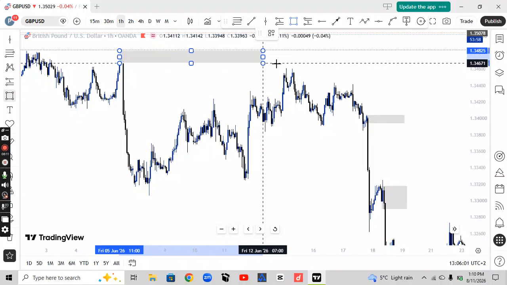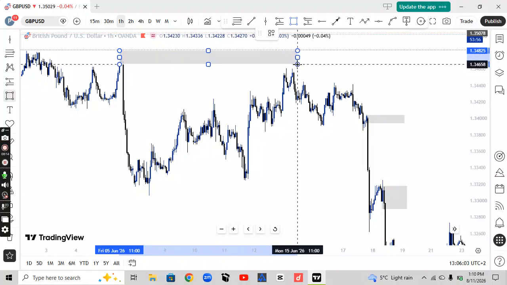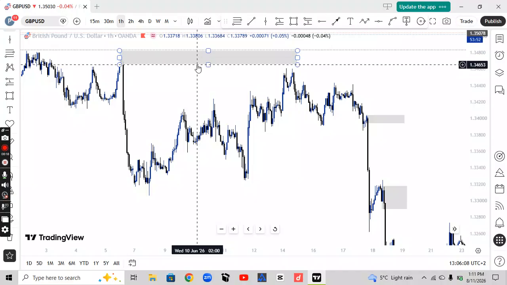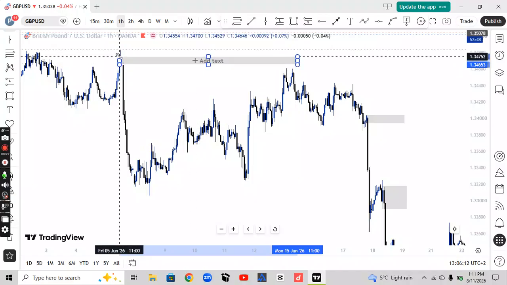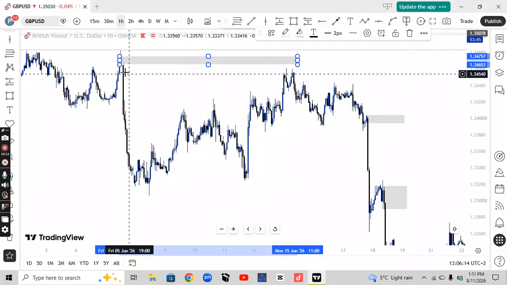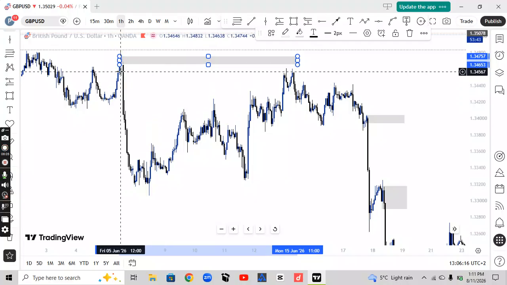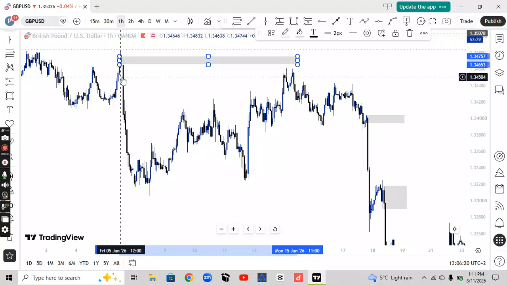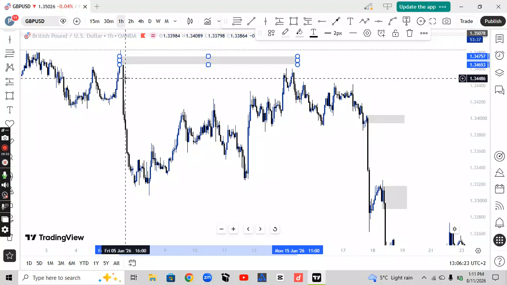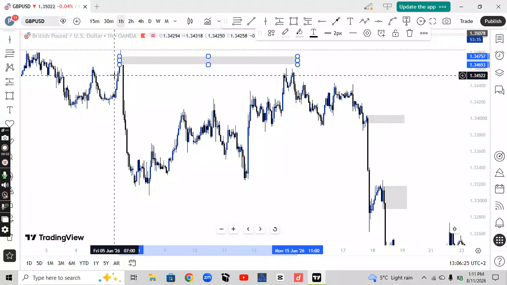At times you would notice that the market does not come exactly to the order block, but rather reacts from the fair value gap. Why is that? In most cases, when we have a BPR, what is a BPR? A BPR is a balanced price range.